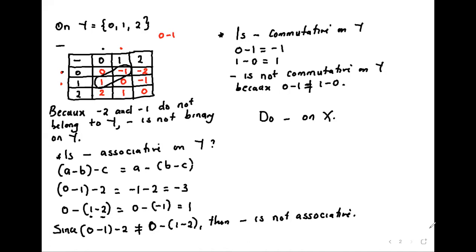So the next, we want to check division. Now we'll go back to X and check for division. So let's form a division table on X. We'll pick 0 and 1, 0 and 1.